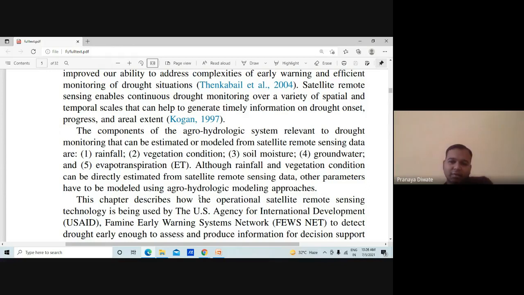Rainfall and vegetation condition can be directly estimated from satellite remote sensing data. Other parameters have been modeled using the agro-hydrological modeling approach.